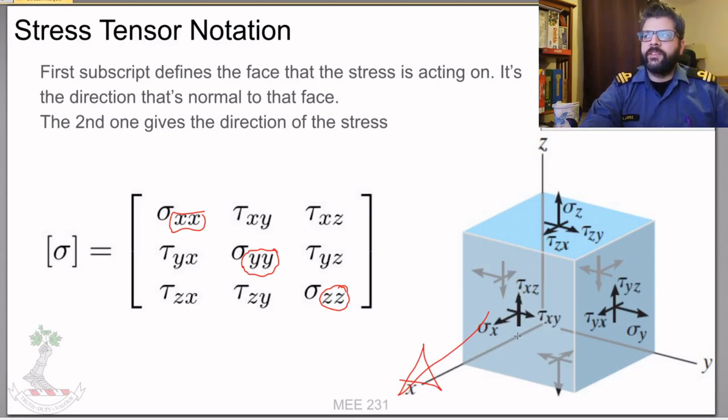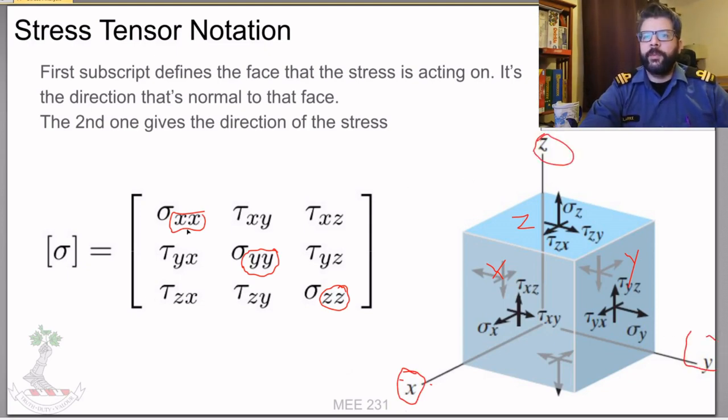In that instance, the vector perpendicular to this face is in the x direction. So this here is the x face, this here is the z face, and this here is the y face. And again, that's completely based upon the coordinate system chosen, with x here, y here, and z here.